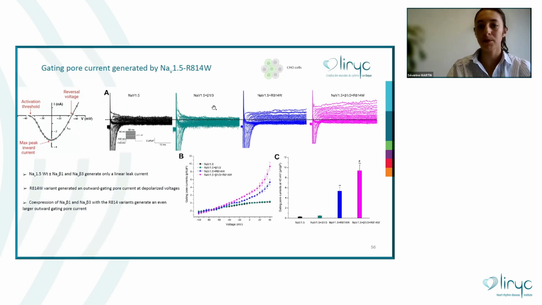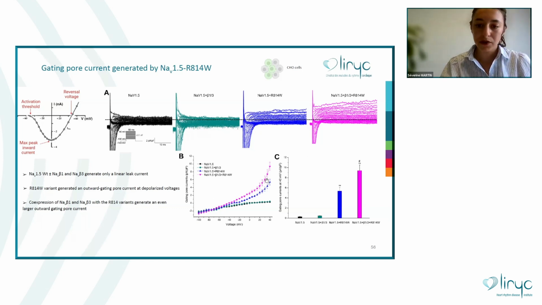Here, the wild-type channel plus the two subunits beta1 and beta3, so this mimics Purkinje cell presentation and behavior. Here, the transfection of the variant channel alone, and the last one, the representative current of a group of cells transfected with both the variant channel and the beta1 and beta3 subunits.